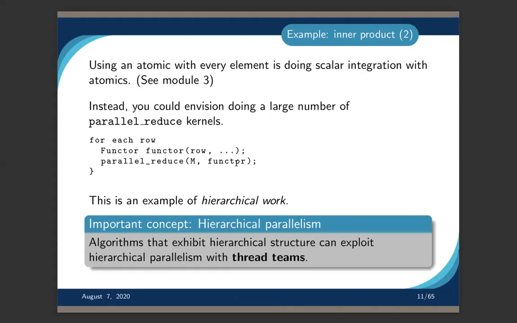This is an example of hierarchical parallel work: for every something, you do some kind of parallel operation. That's an important concept. Algorithms that exhibit this kind of hierarchical structure are the algorithms where you can exploit hierarchical parallelism with thread teams.